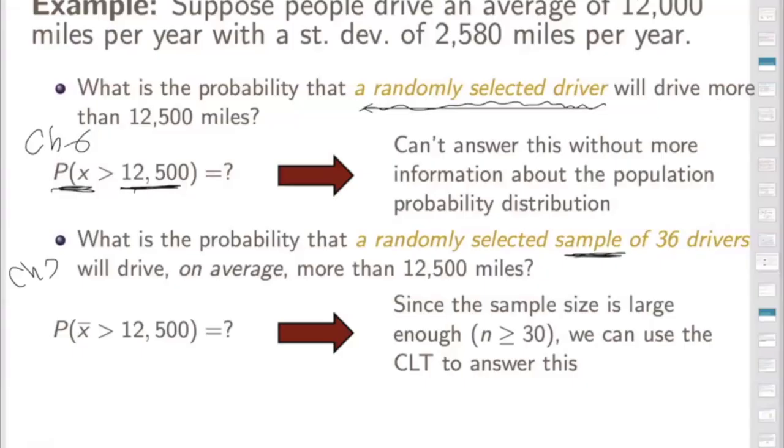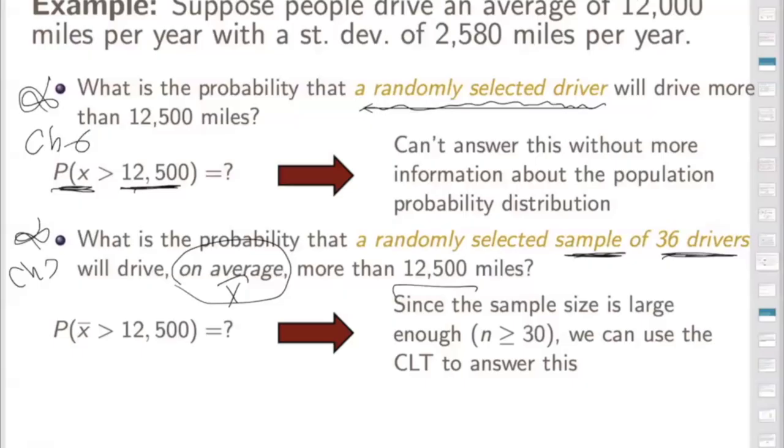A randomly selected sample of 36 drivers will drive on average. So we are talking here about x bar, not x. This is the difference between here and here. More than 12,500 miles. So what is this probability?